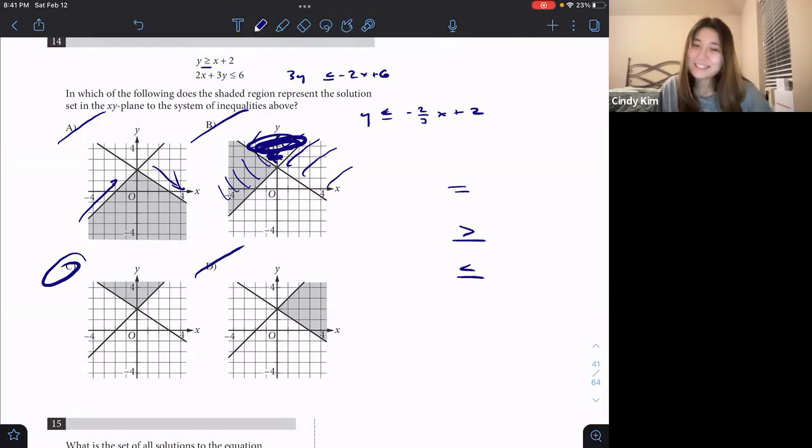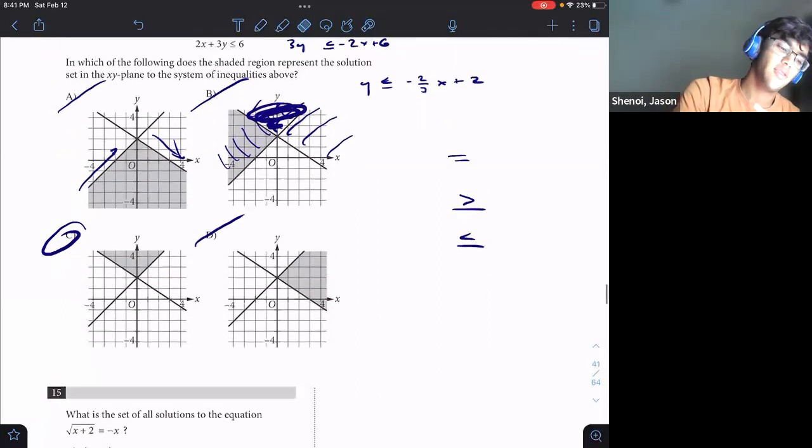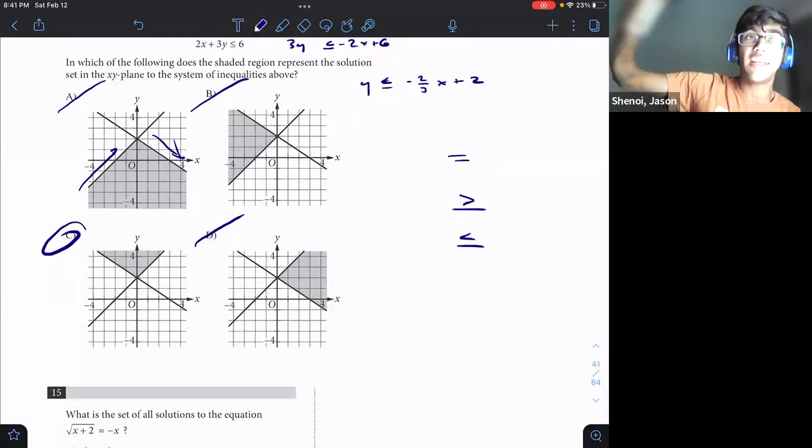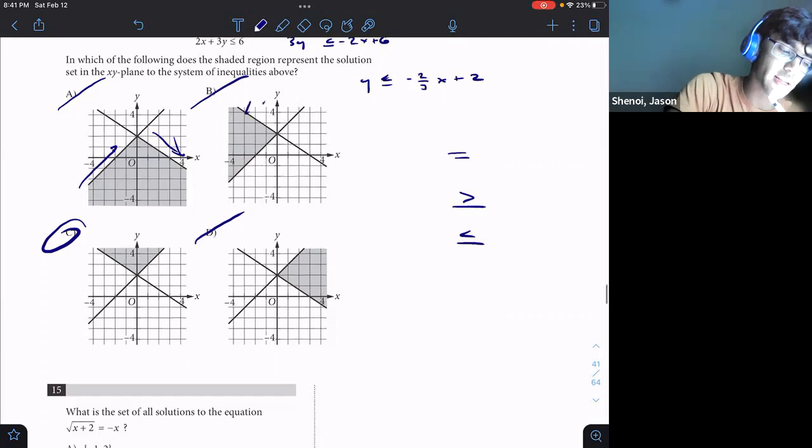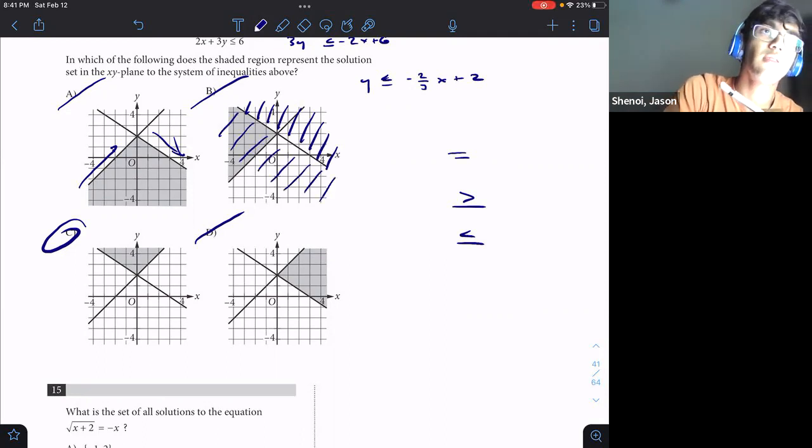So when you graph it, if it's greater than something, it's going to be towards the right. If it's less than something, it's going to be towards the left. Does that make sense? Yeah.